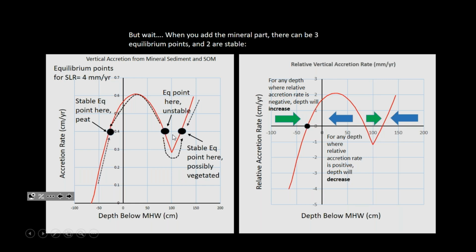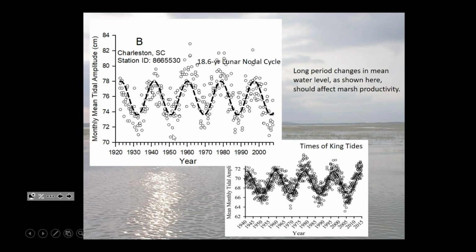And I think that's pretty cool. So you've got a stable point there, and you've got a stable point there. So think, I don't know, sandbar, shoal type of environment, which could, under the right circumstances, become salt marsh.